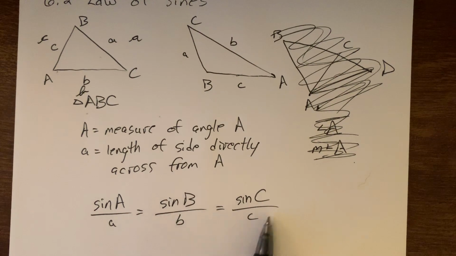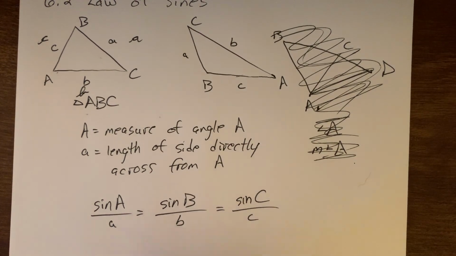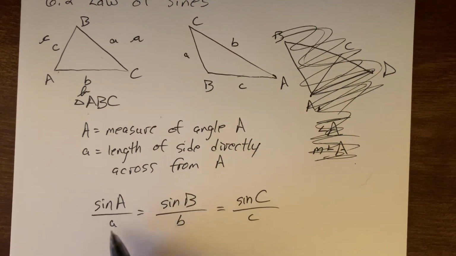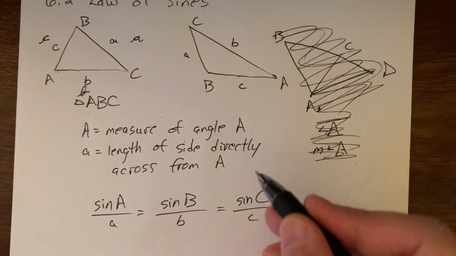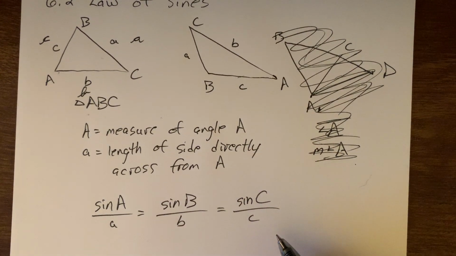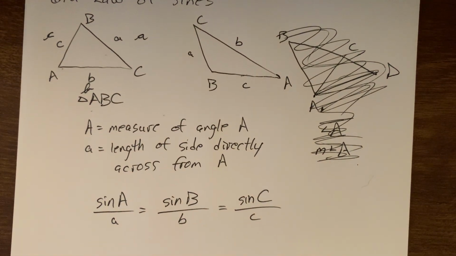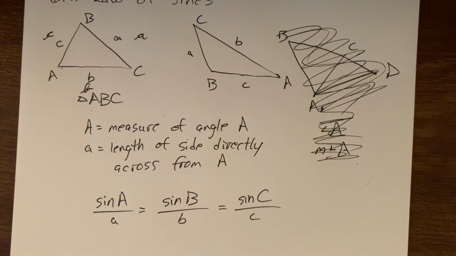I mean, to be honest, we could even do an opposite formula. We could do it the other way. I could have little a over sine A is equal to little b over sine B is equal to little c over sine C. So that's what law of sines really gives us. And what we will see in just a moment when we start doing some problems, this will allow us to essentially find any side and angle that we're looking for.